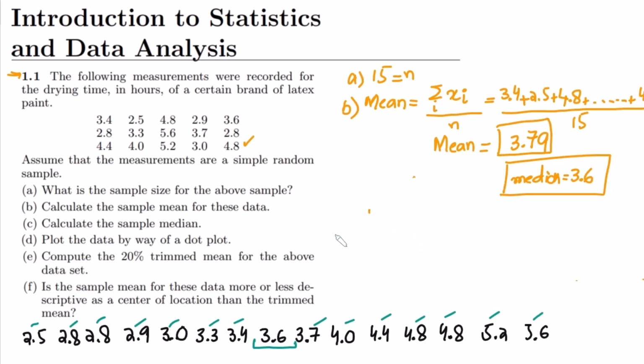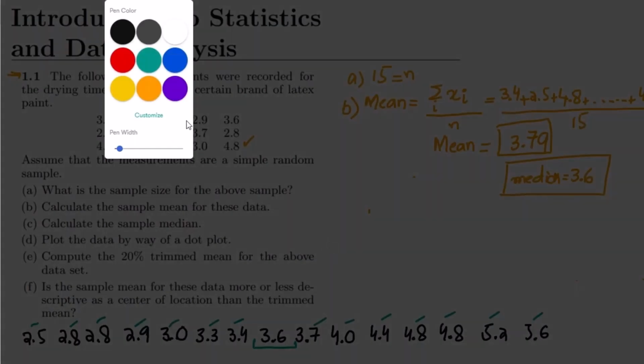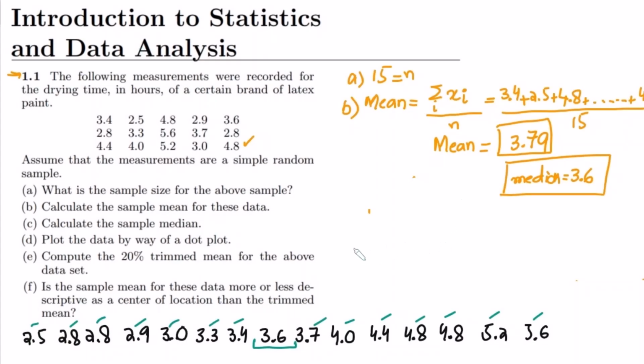Let me have this black color. So this is part D, and here let me have this black line. Let me start it from 2.5, and here let me have 6.0.